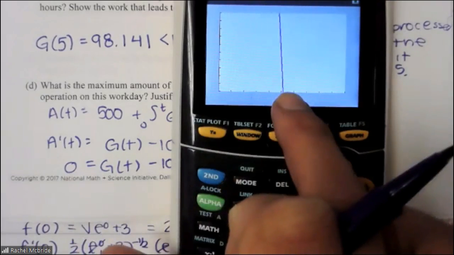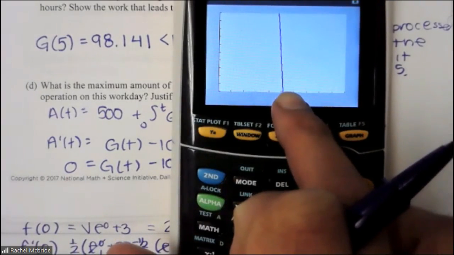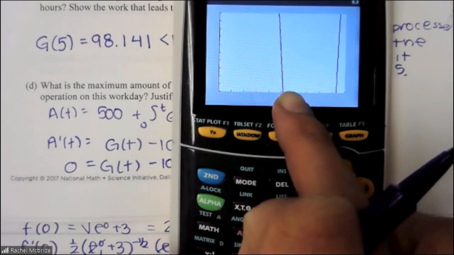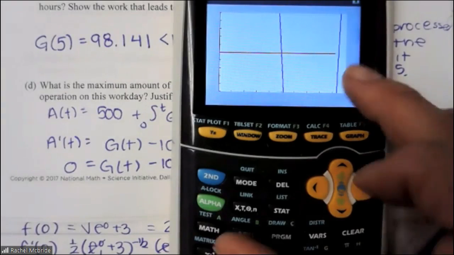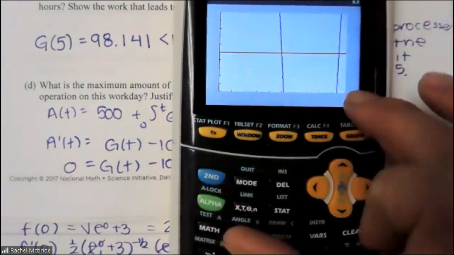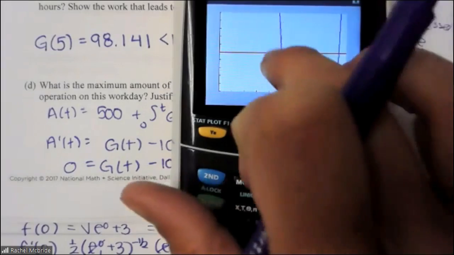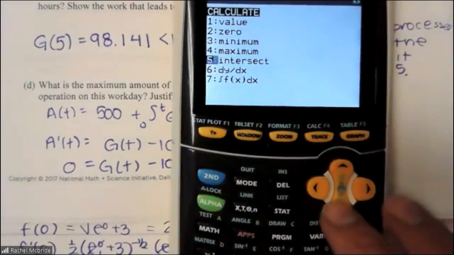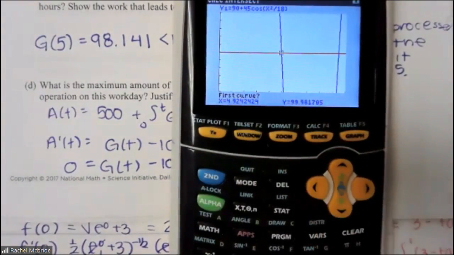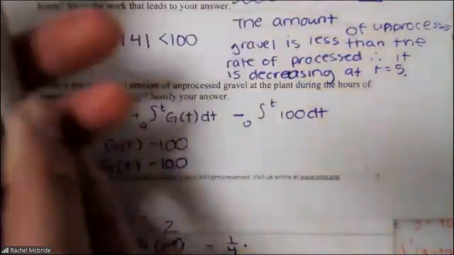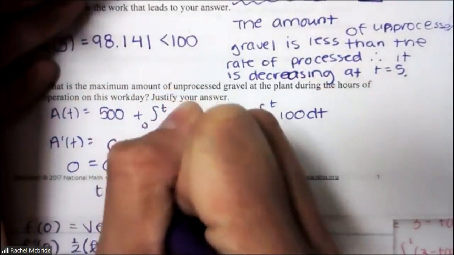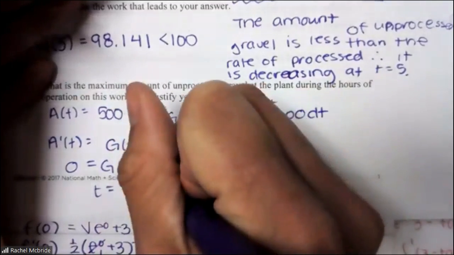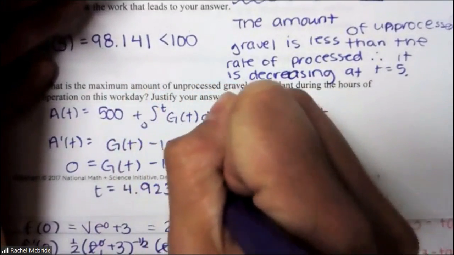There's my g. So they intersect. Again, this is going to be beyond my range because I went 0 to 10. So there's only one point of intersection. And they intersect when x, or t, is 4.9234 hours.